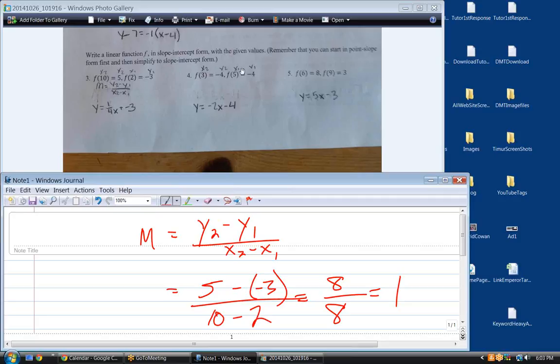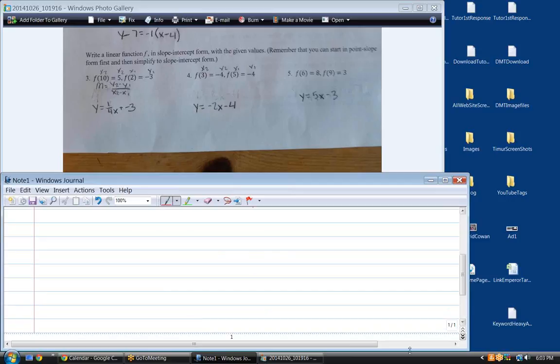Let me just take a quick look here. Yeah, I fixed that. Isn't it y equals x minus 4? No. Again, what is slope? M equals y2 minus y1 over x2 minus x1. Plug it in. What are the numbers?